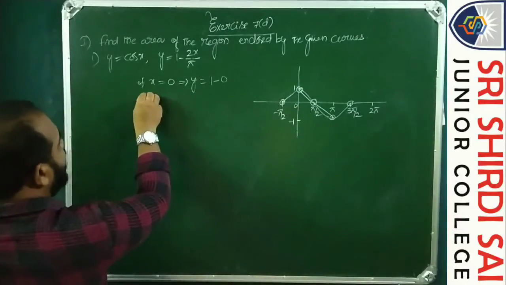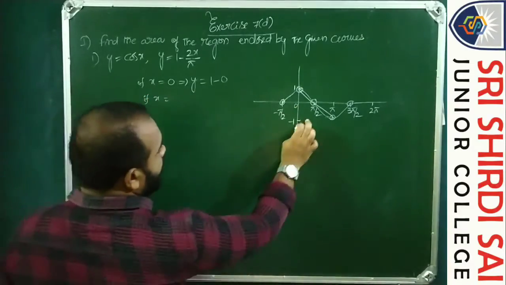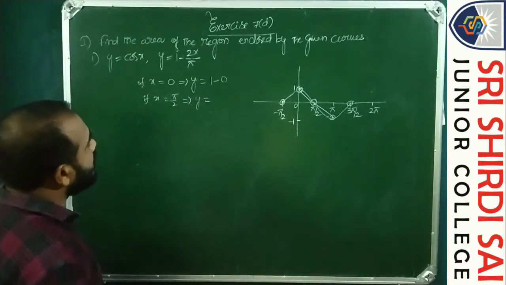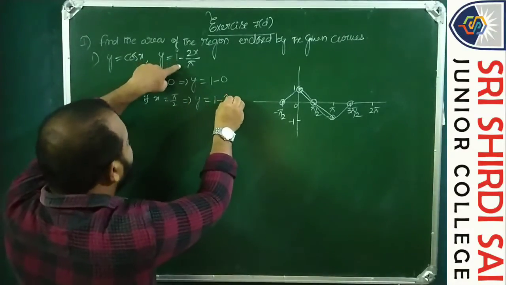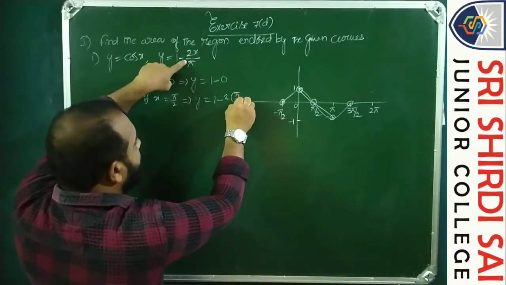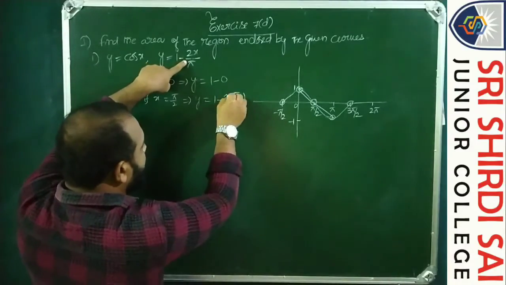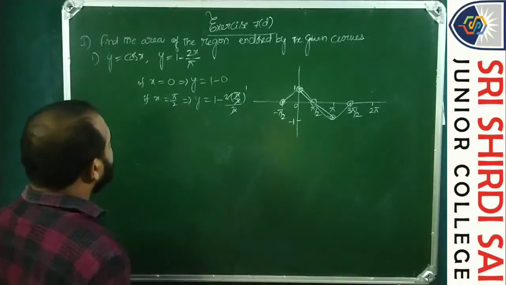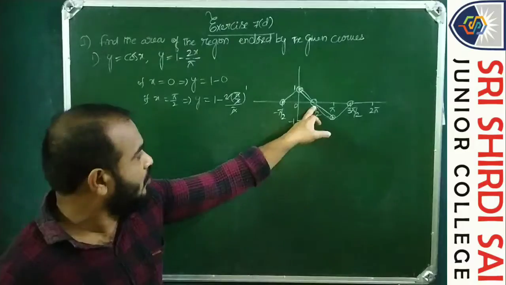And now if x equals pi by 2, see what will happen. y equals 1 minus 2 into pi by 2 by pi. 2 cancels, pi cancels, 1 minus 1 is 0. That means pi by 2, 0 is this point.